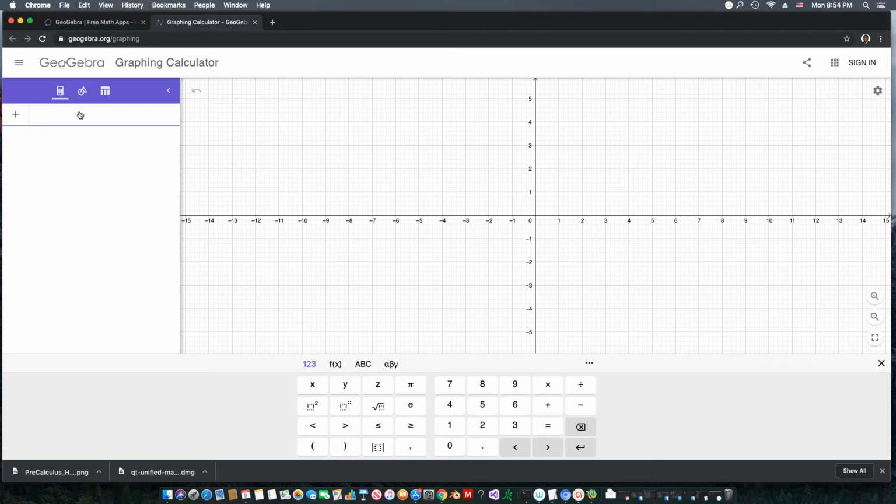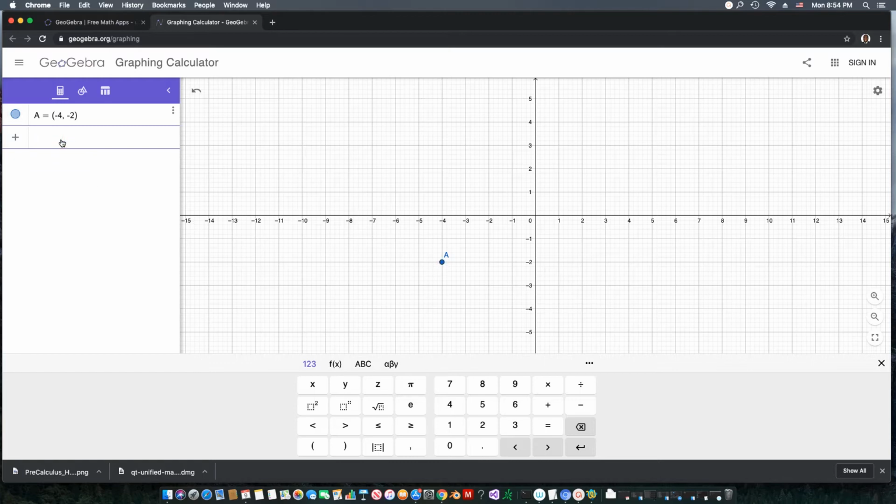Let's see if this really produced the midpoint with coordinates 2 and 0. So first we're going to enter the first coordinate that we had in the previous example. So we're going to put -4 and -2 and enter that in. So here we have it represented as point A.